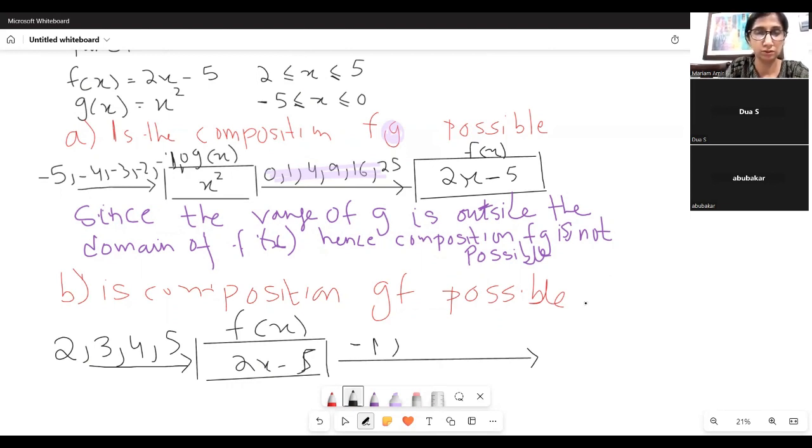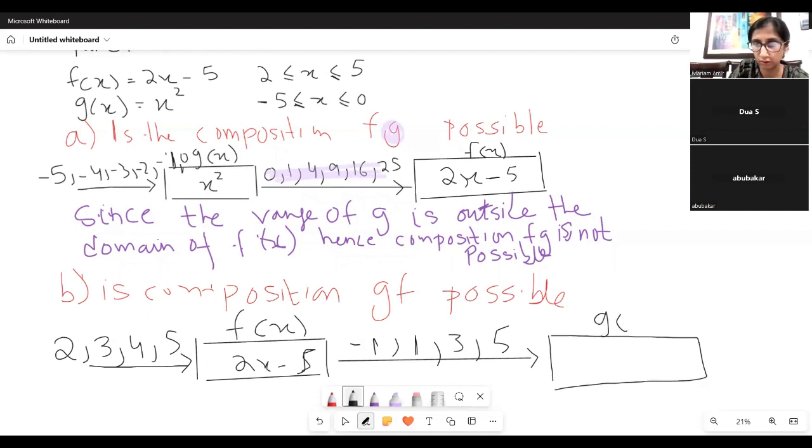For 3, 2 threes are 6, 1. For 4, 2 fours are 8, 3, and 5. Now these output values will be fed to g(x).